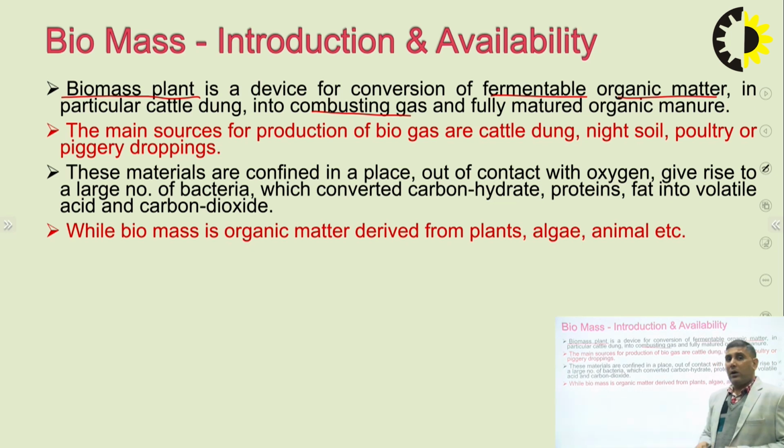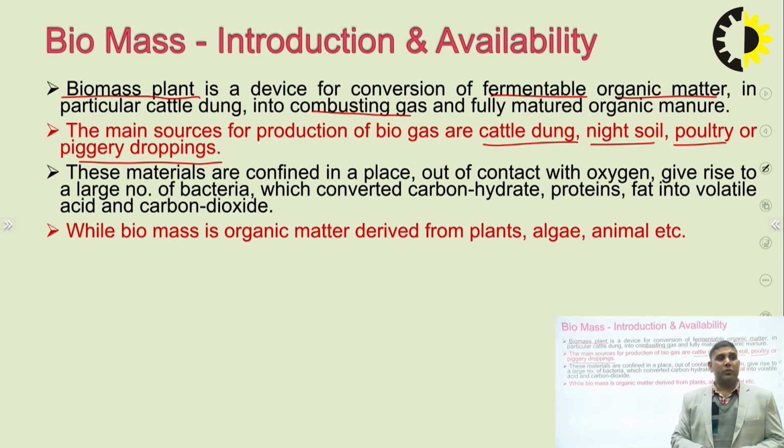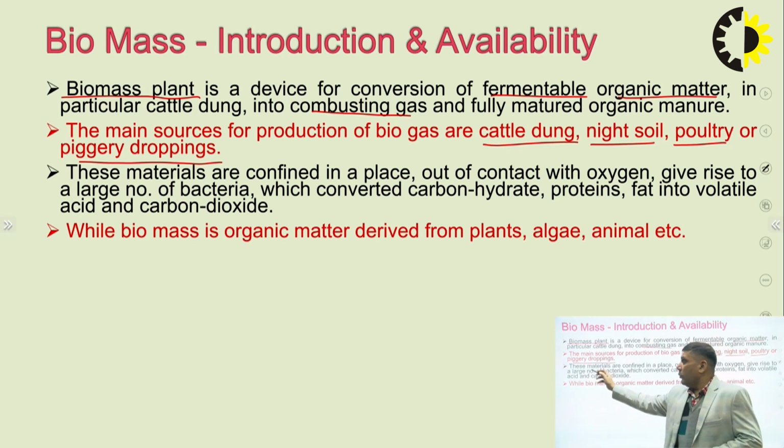Okay, so the main sources of production of biogas are cattle dung, night soil, poultry or piggery droppings. So these are the main input material for the biogas power plants or biomass power plants.